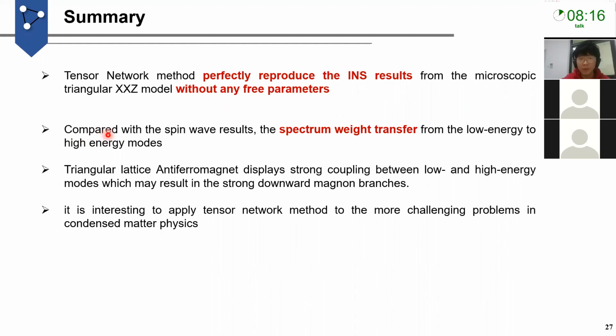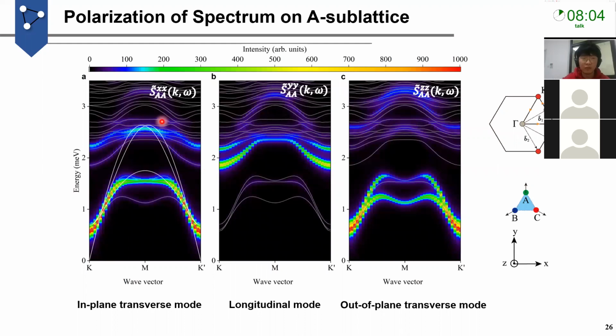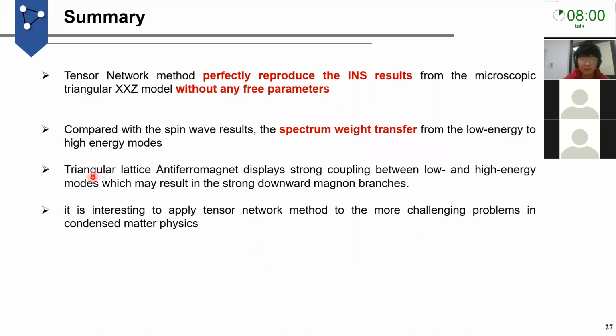Compared with the spin wave result, we see a spectrum transfer from the low energy part to the high energy mode, as I indicated before, the transverse mode from low energy to high energies. This spectrum displays a strong coupling between the low energy mode and the high energy modes, which may result in the strong downward shift of the experimentally found magnon branch.